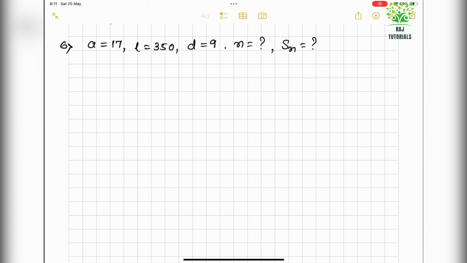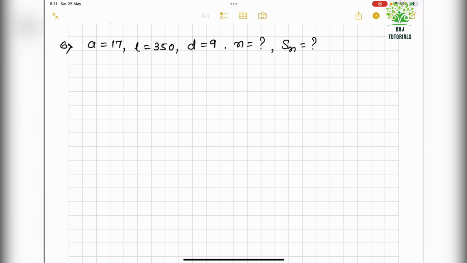Now sum 6, I am given the first term and the last term are 17 and 350 respectively, and the common difference is 9. Find the number of terms and sum. So here a equal to 17, L equal to 350, D is given as 9.